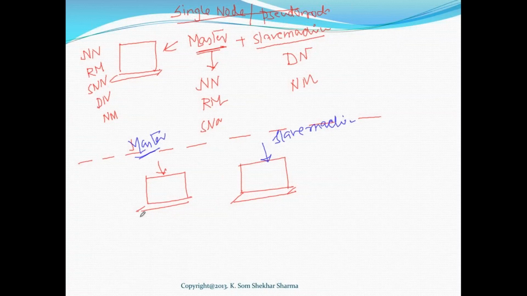Since this machine is acting as a master, only three processes will run, and on the slave machine, the data node and the node manager. If the master machine also acts as your slave, no one stops you, right? Then it will also run the data node and the node manager. Is that clear?